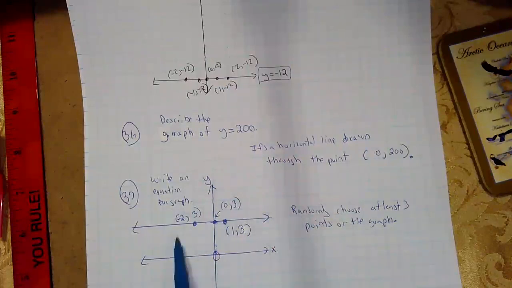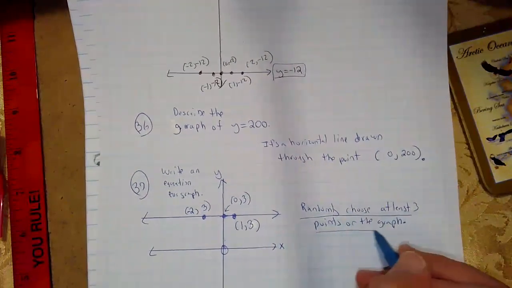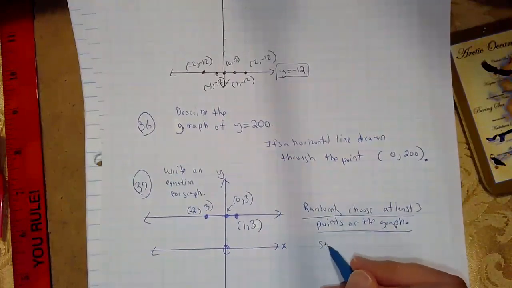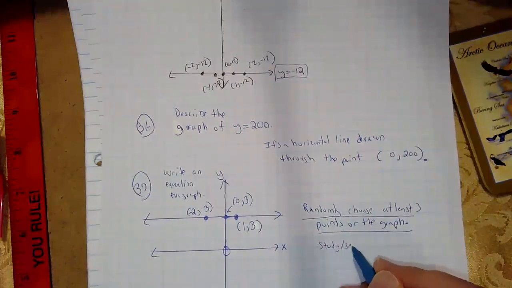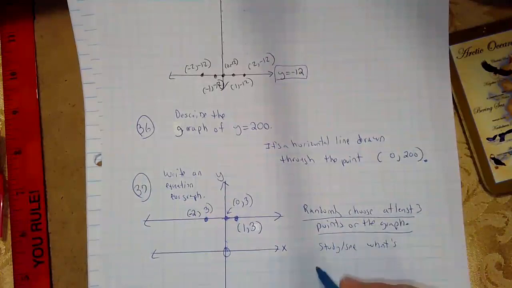So when I'm writing an equation for this graph, I'm suggesting that you randomly choose at least 3 points on the graph, and then you study or you see what's in common.